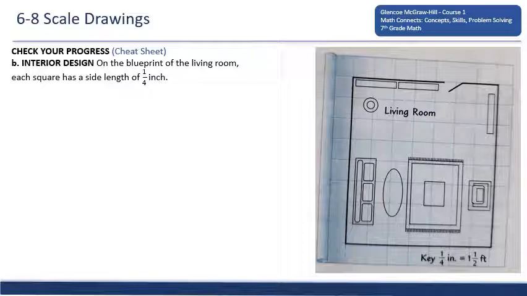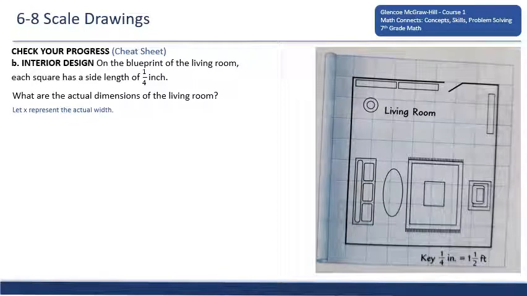Check your progress. B, interior design. On the blueprint of the living room, each square has a side length of 1/4 inch. What are the actual dimensions of the living room? We're going to let X represent the actual width. So 1/4 inch, which is the size of one of the squares, is 1.5 feet. And we're looking at 2 inches because there are 8 squares.